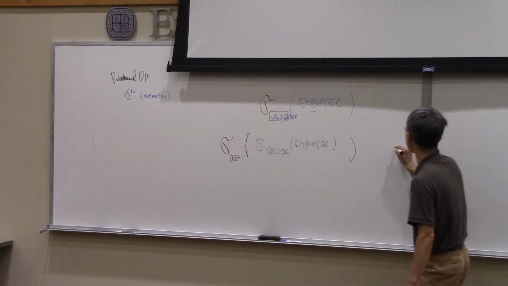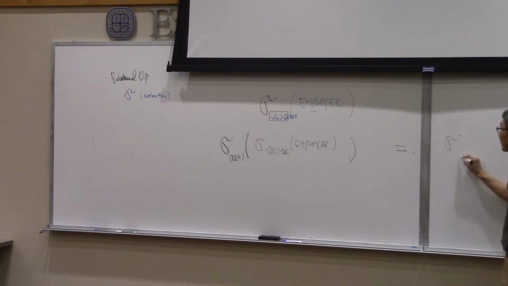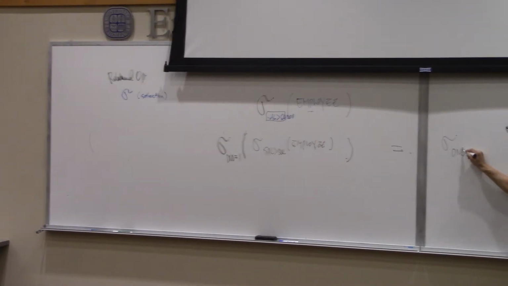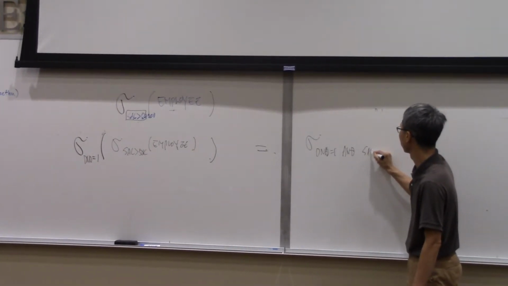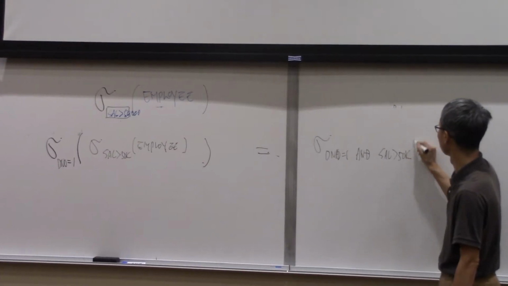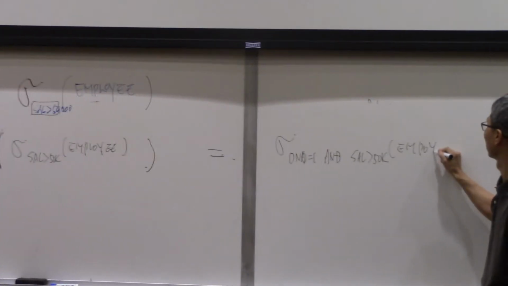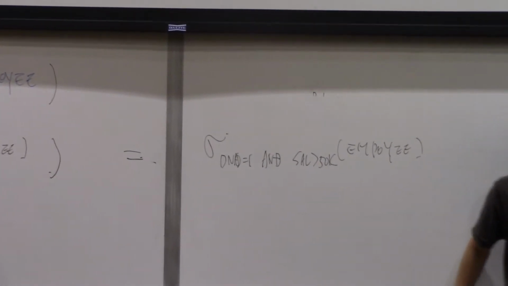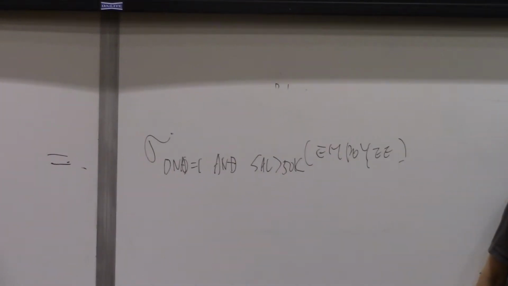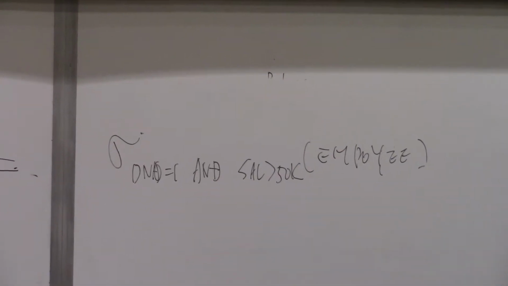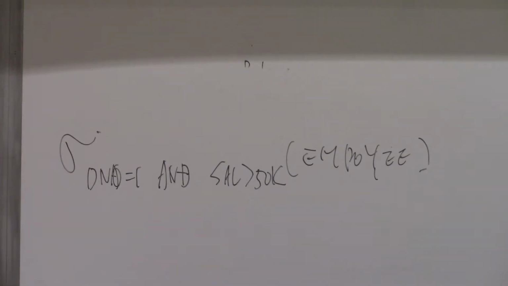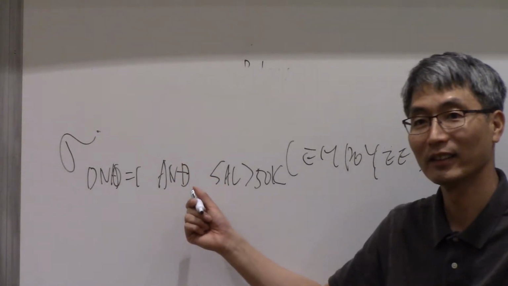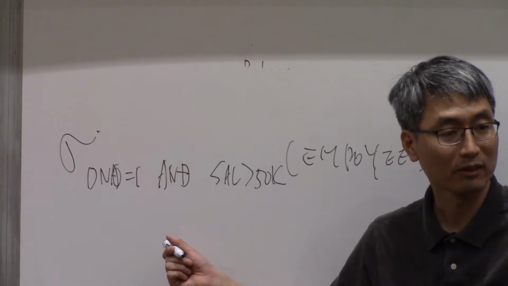This is the same as what? ENO equal to 1 and salary, like this. So this is the characteristic of the relational operation, which means we can extend with any logical operation: and, or, not.